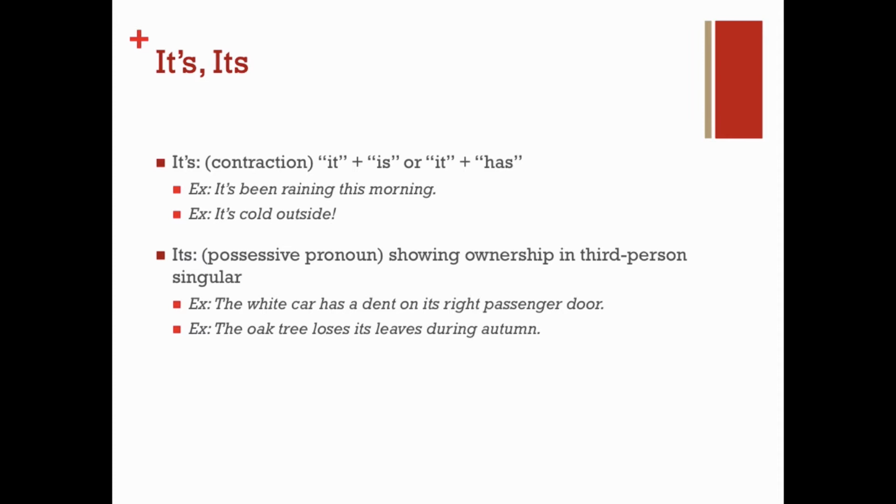Now, one really easy way to distinguish between these two is if you're not sure which its to use, just put in it is or it has and see if the sentence makes sense. So, if I read a sentence like the last example, the oak tree loses it has leaves during autumn. Doesn't really make sense. What if I said, the oak tree loses it is leaves during autumn? Again, doesn't make sense. So right then and there I know I should probably just use its without the apostrophe.